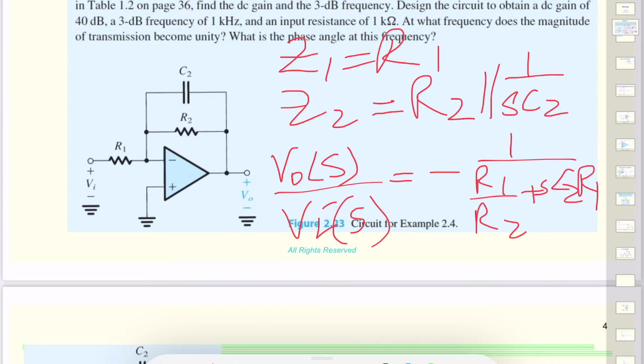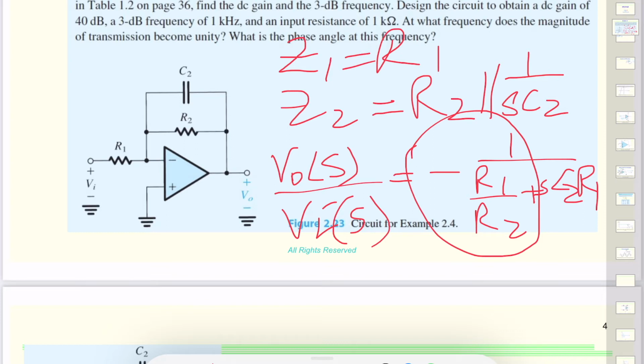And if we talk about DC, in that case S will become 0. We will revert back to the original closed loop gain of an amp with inverting input, which would be minus R2 over R1. So everything is the same, but now we have added complexity that comes from introduction of a reactance in the circuit.